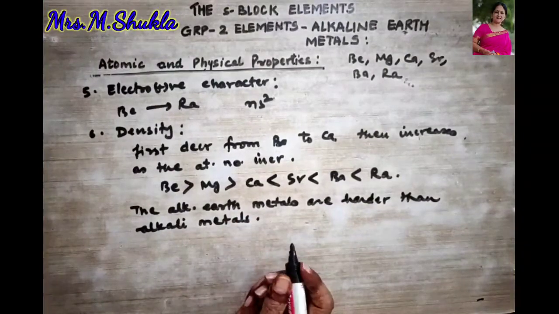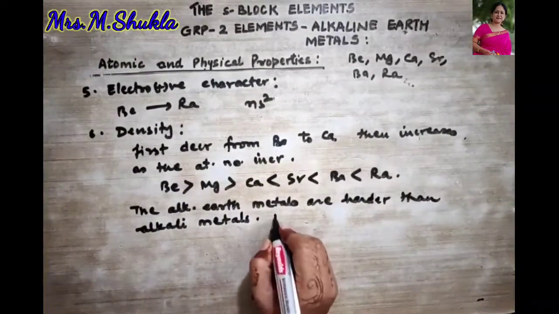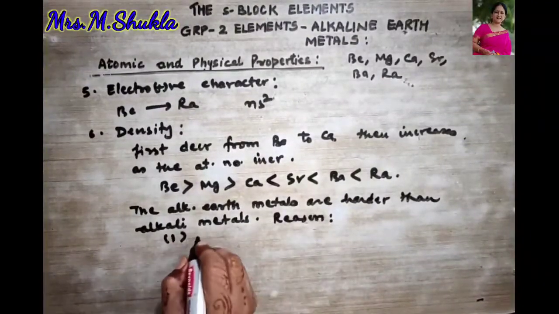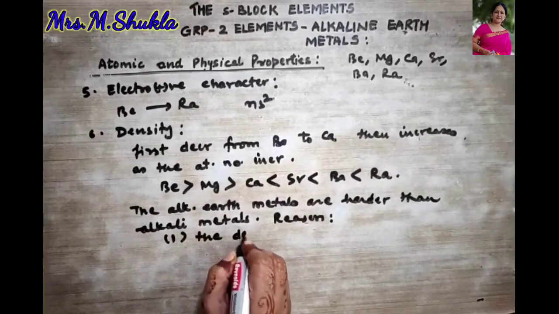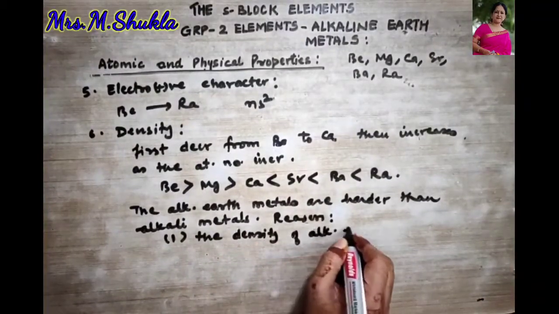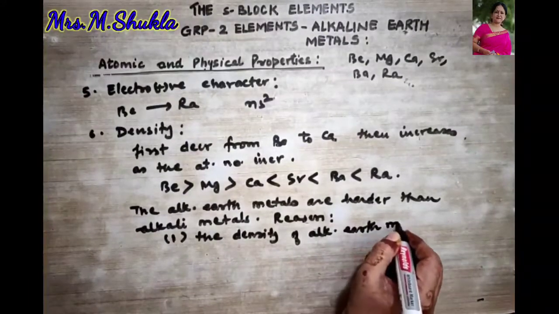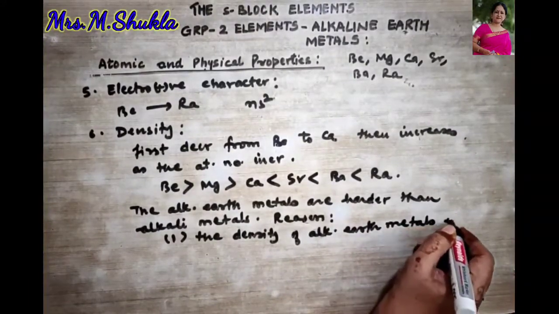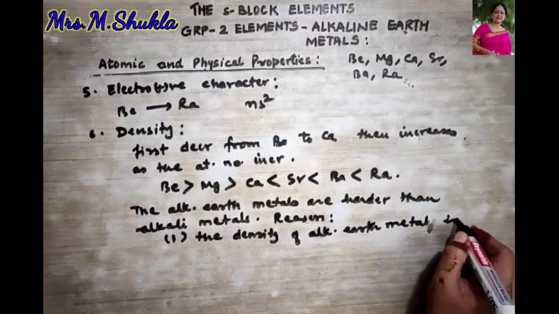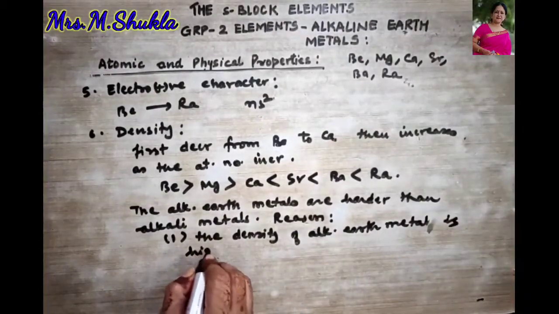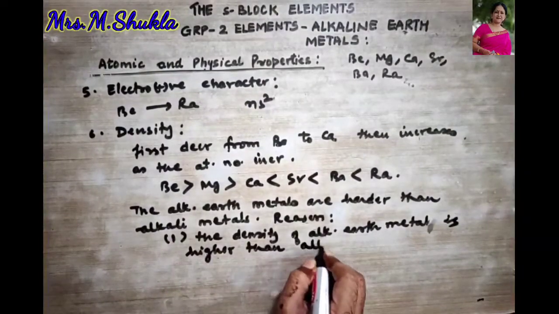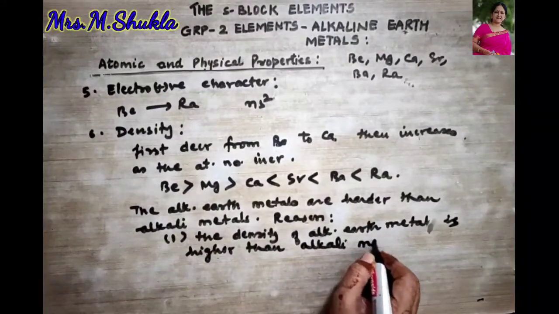Okay, what is the reason? First reason is, I should write down over here, firstly, the density of alkaline earth metal is higher than alkali metals.